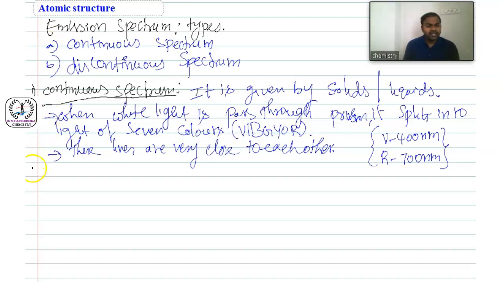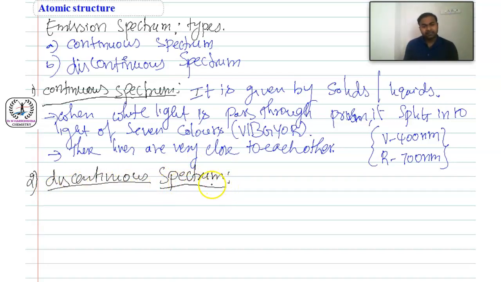Next one is discontinuous spectrum. In discontinuous spectrum, we can observe lines are not very close to each other. Between the lines there is a gap. It can again be divided into line spectrum and band spectrum.